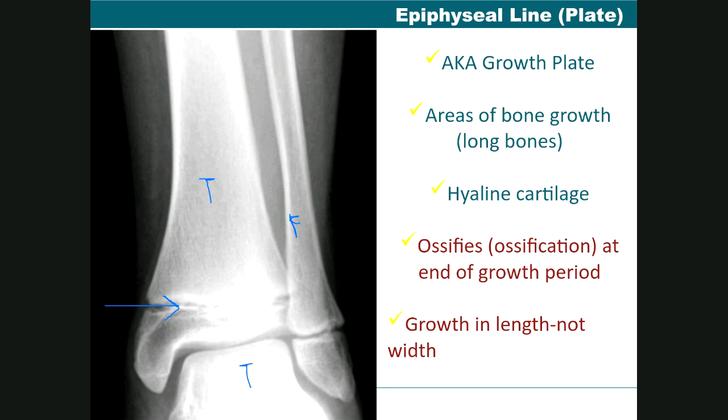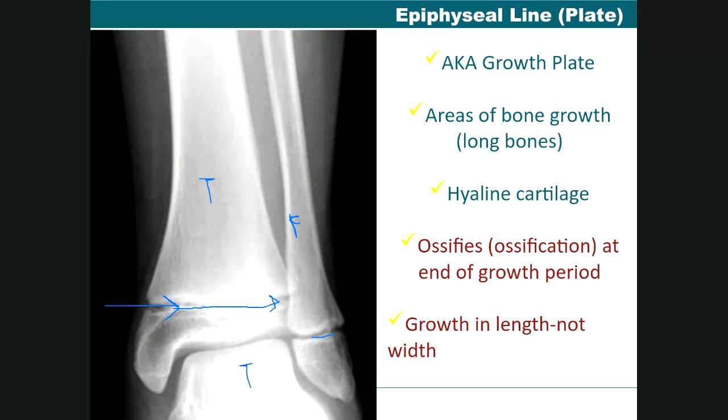When we look at x-rays, bone tissue is going to look whiter. Soft tissue will look dark gray, or hollow spaces will look black. Because hyaline cartilage is cartilage, it appears like a black line, almost like a fracture through the tibia, and you can see the similar line in the fibula.